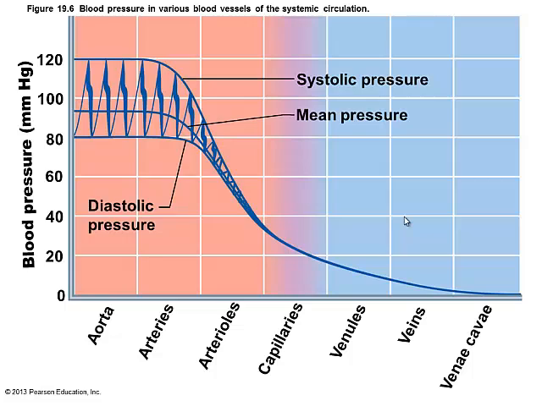Okay. So where's the highest pressure in the system, in the cardiovascular system? No, where is the highest pressure in the system? When we're talking arteries and veins. In the aorta, exactly.